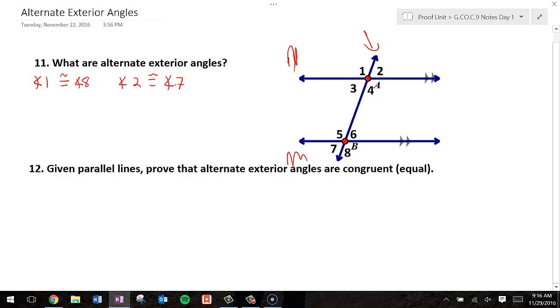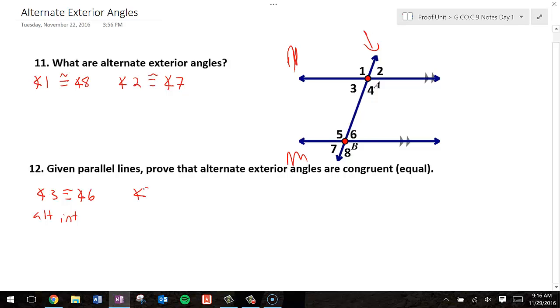So if we want to do a quick proof of this, again, what we can do is use what we know in regards to our vertical angles, our corresponding angles. There's many, many ways that we can get to this setup. Okay, so we know that angles 3 and 6, like we just saw, are congruent by alternate interior angles. Okay?